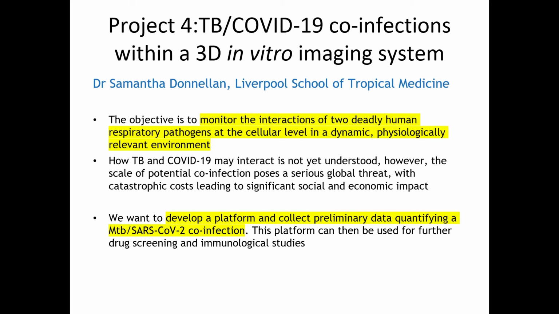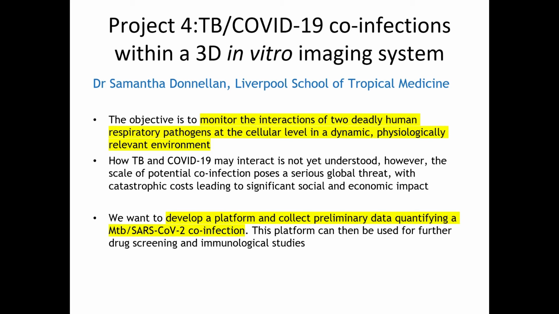And it's the ability to model diseases. Here they're hoping to get some preliminary data so they can quantify those susceptibilities and interactions. And then with the model, if it's successful, use that again for drug screening and more general application.